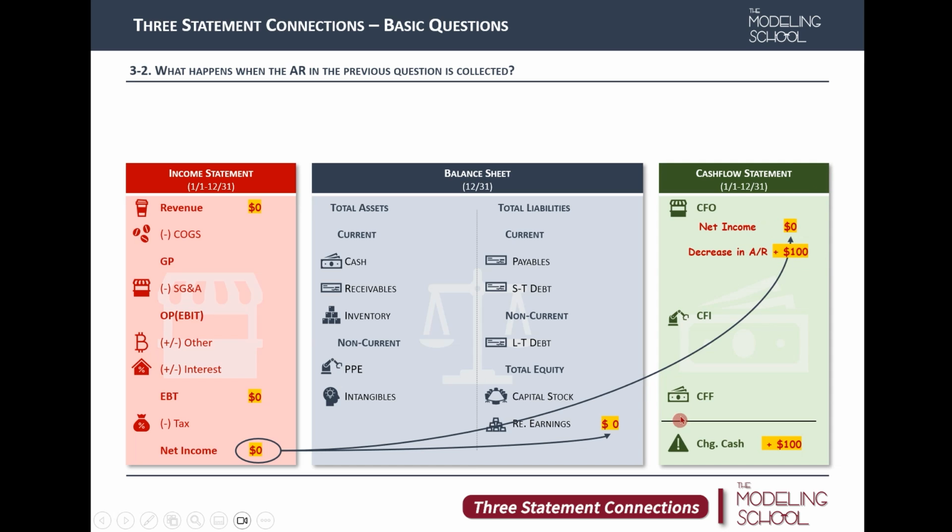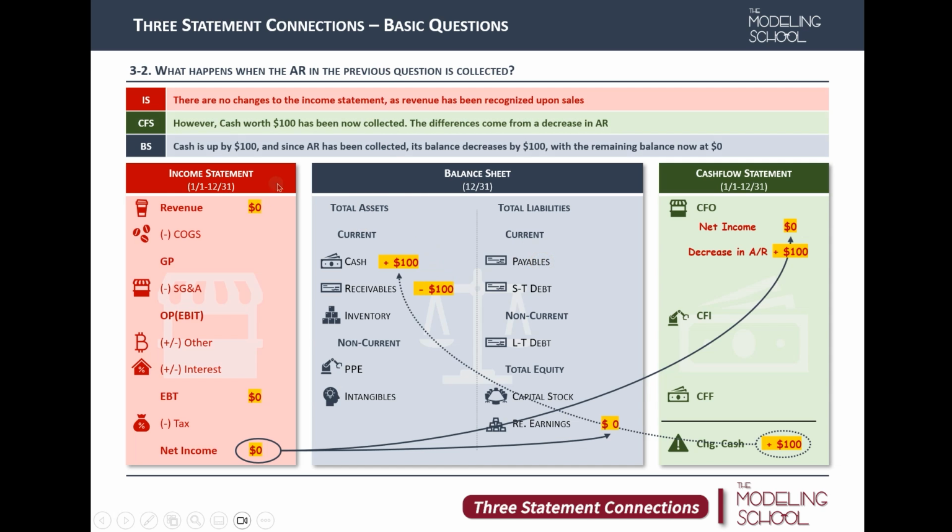The cash flow statement is now set. Changes in cash is going to affect year-end cash balances by 100. So we're going to have more cash at year-end, which is offset by a decrease in accounts receivables. And now the asset side matches the liabilities plus equity side.